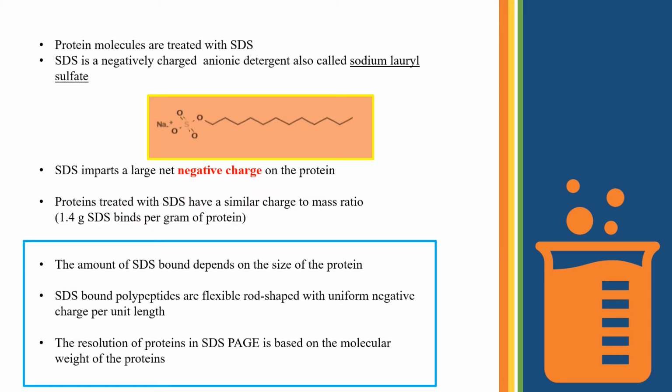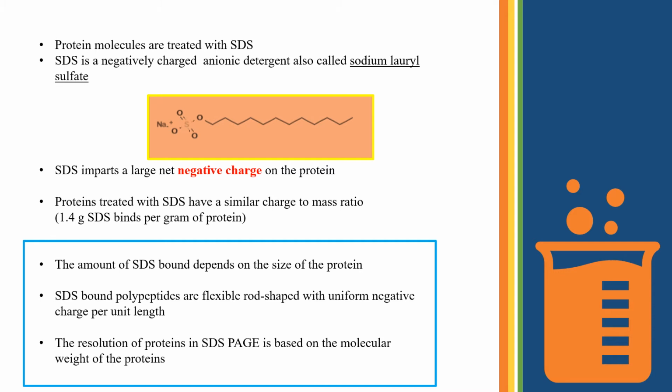Protein molecules are treated with sodium dodecyl sulfate before resolution of a particular protein mixture. As the name suggests, in SDS polyacrylamide gel electrophoresis, the proteins are treated with this anionic detergent. It is a negatively charged anionic detergent, also termed sodium lauryl sulfate. I have given the structure in this slide as well. What happens when the protein mixture is treated with sodium dodecyl sulfate?